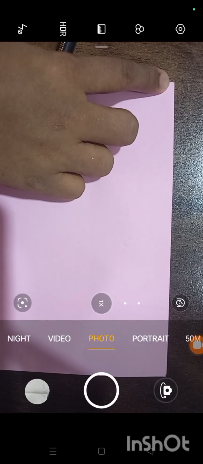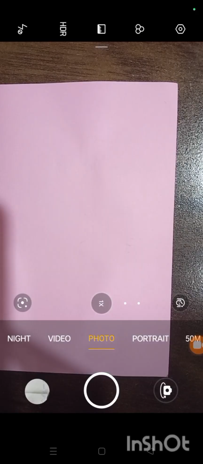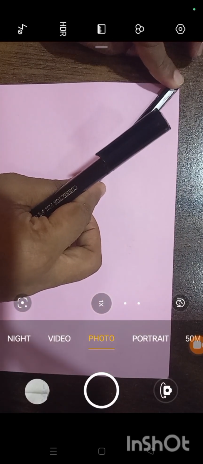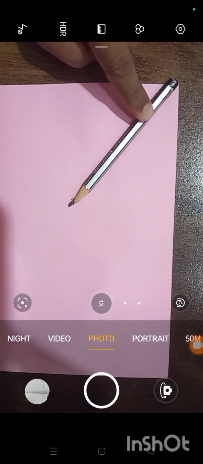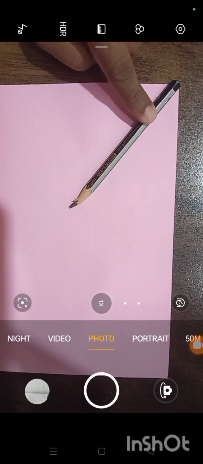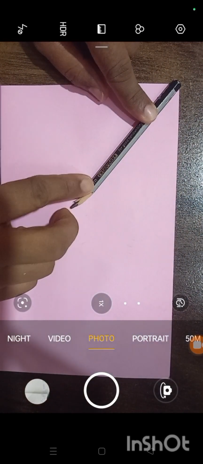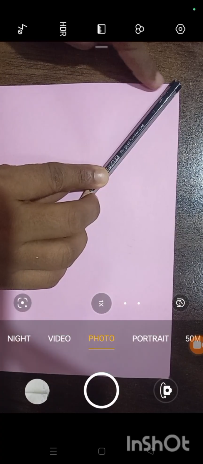If I break this corner into angles, we can get two angles. One angle including this edge, this is one angle, and one angle is this one.